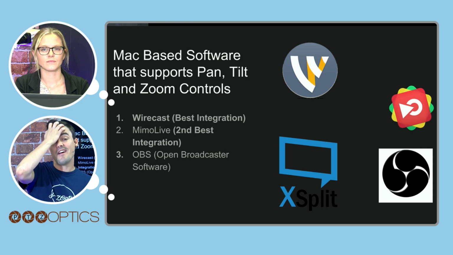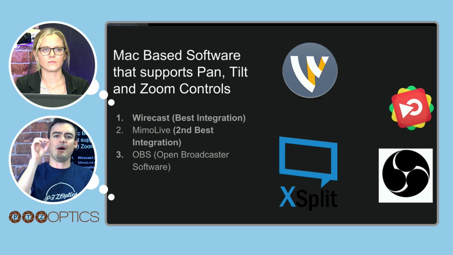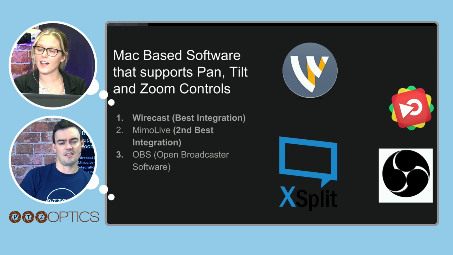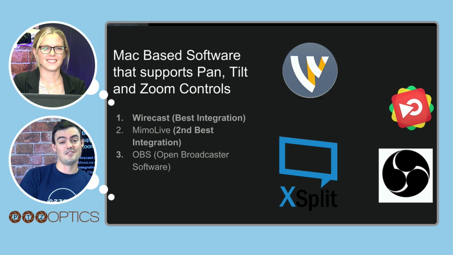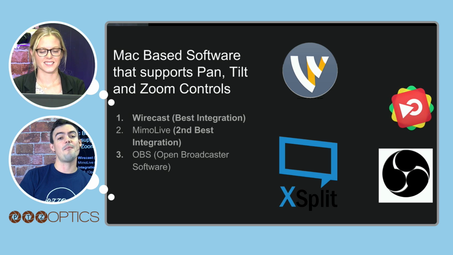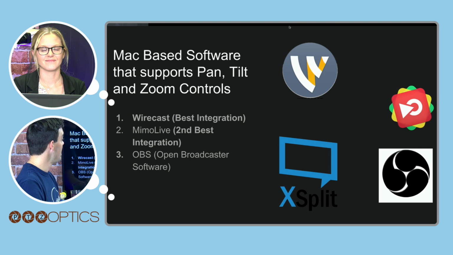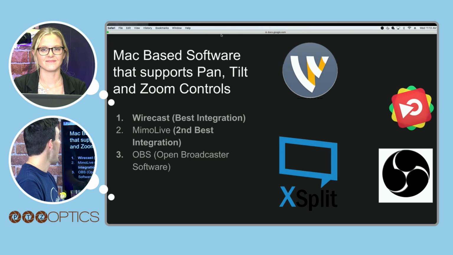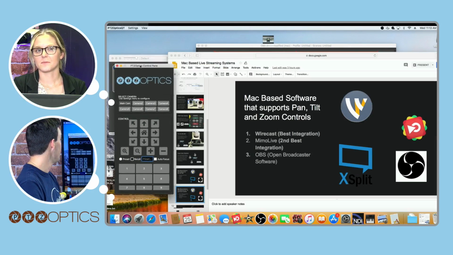Now, Mimo Live has a very, very intuitive, great integration, but it doesn't have all the little buttons for white balance and color. Hopefully Oliver's not watching. Well, Oliver, if you'd like to improve that, Oliver's one of the main developers over there. What he does is what most people need. And when you take Mimo Live and you pair it with our control software, which is right here, there's definitely some cool stuff.